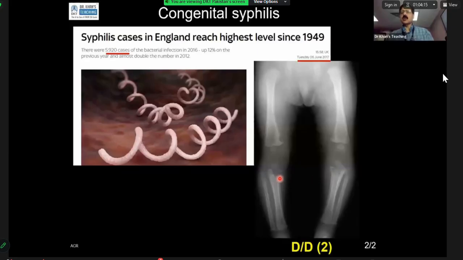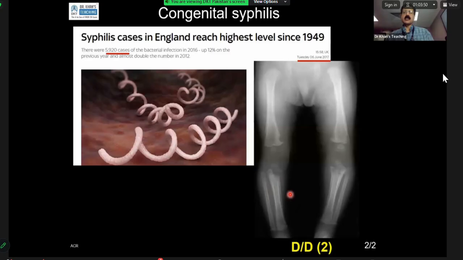Interestingly, this sign is also known as Wimberger sign. And by the way, in scurvy there is a sign, the pencil thin cortex of the epiphysis, that is also known as Wimberger sign. But in scurvy, you will not see this erosion. With that, there is a lot of periosteal reaction. This is very exuberant. You will not see a single lamina.